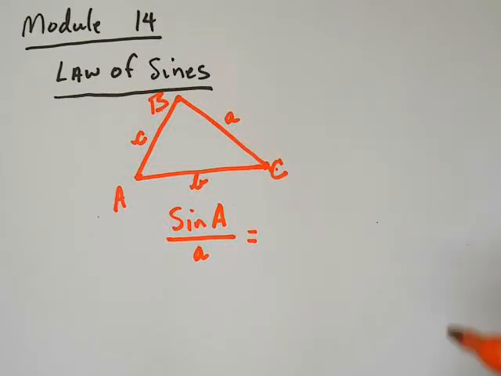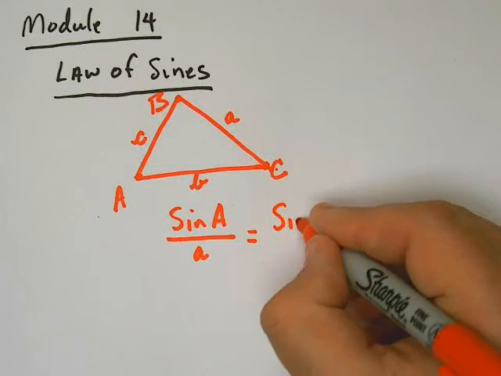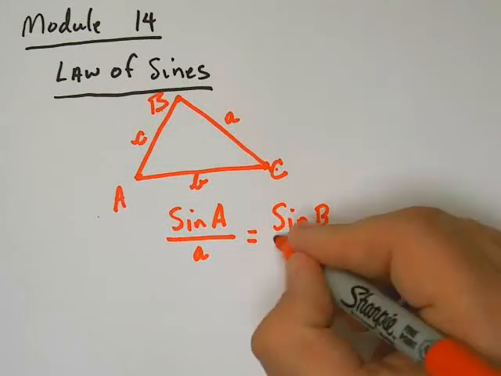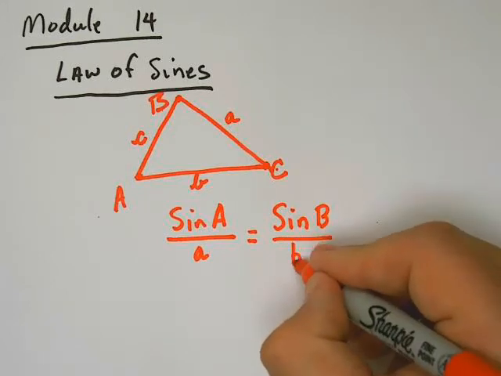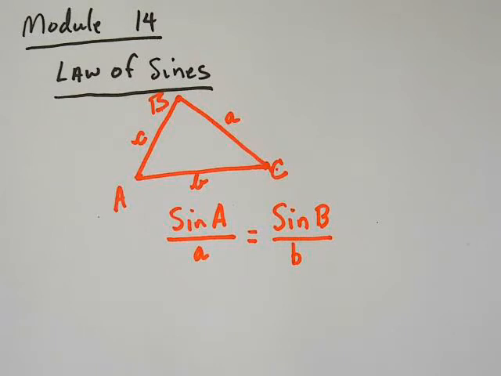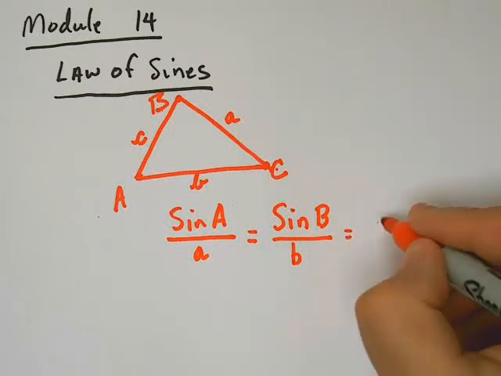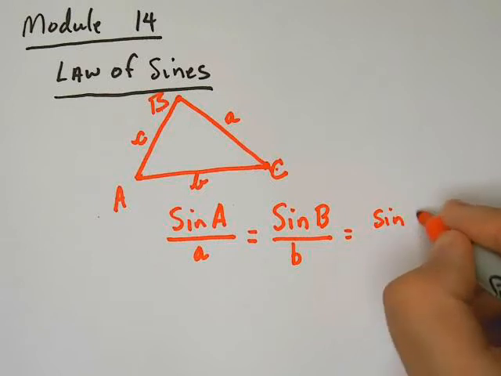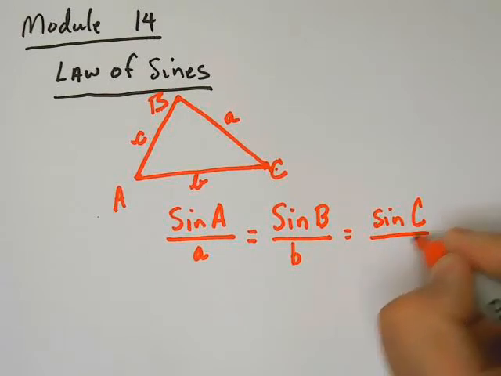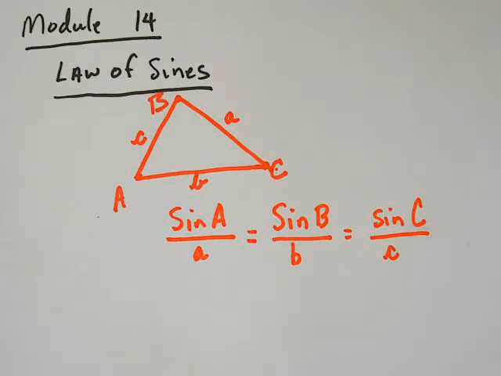So equals the sine of the next angle. Doesn't matter which one we use. We'll go B first, over the opposite side. And then the last one, still a ratio and a proportion, sine of C over lowercase c. So all of that is the law of signs.